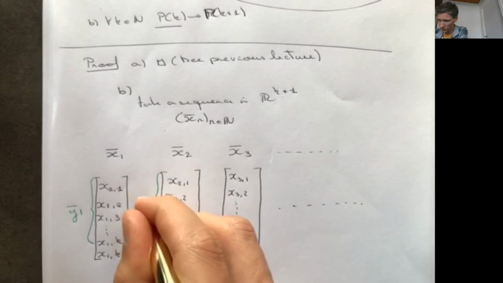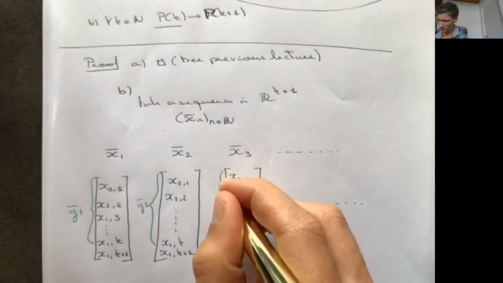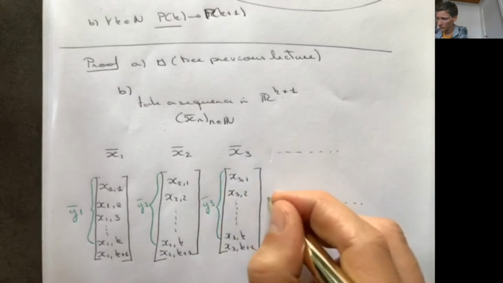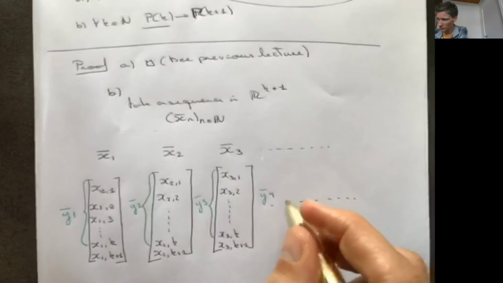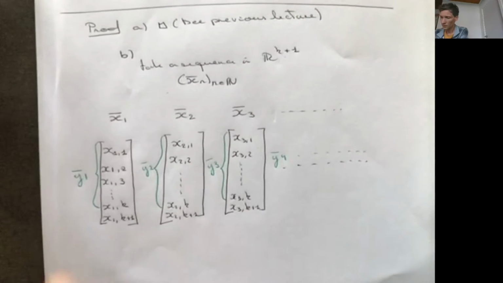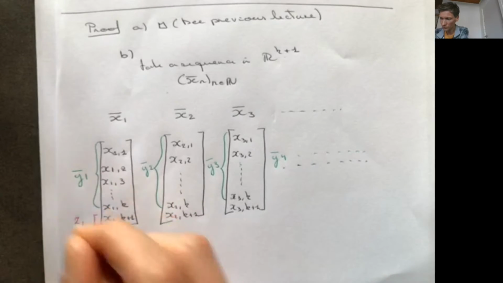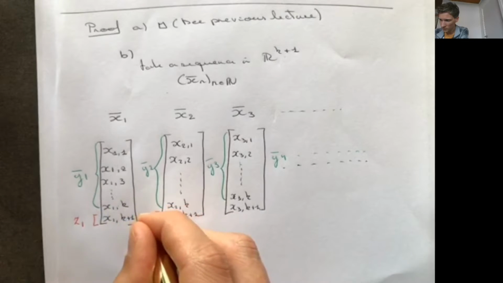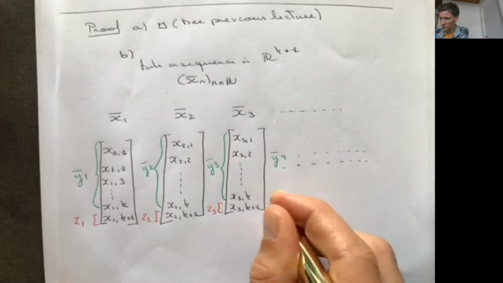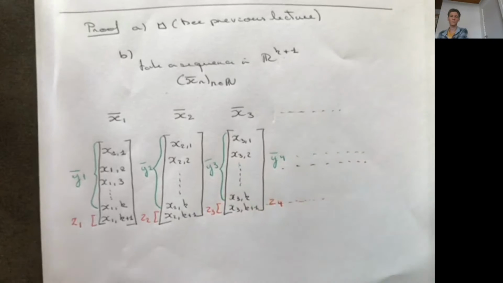This is y2, this is y3, so each time we take the first k elements, we have y4, and so on. And then for the last element, let's use some other notation. Let me call this z1 and z2 and z3 and so on.